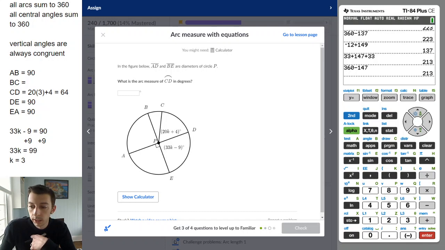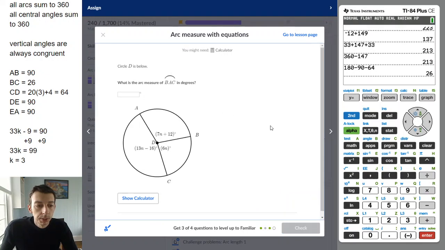BC would just be 90, or sorry, let's make that 180 minus 90 for this arc right here, minus 64, which is over here. So if we wanted to find out that little angle, that would be 26. Now we only have to find CD, which we already found, so that should be 64.